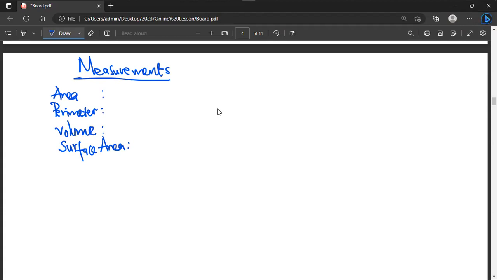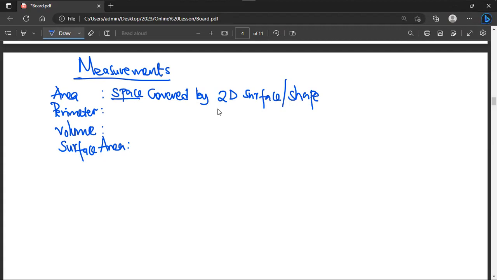Area is the space covered by a 2D surface. You can call it a 2D shape. The space that is covered by a 2D shape, we call it area.